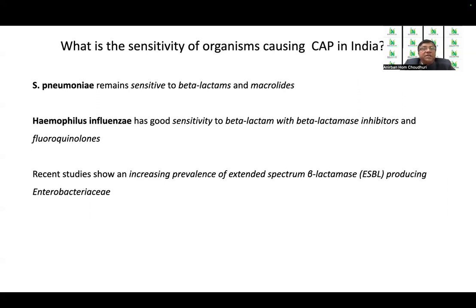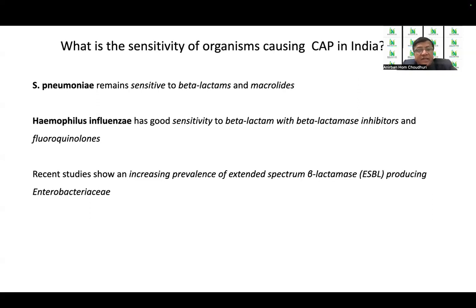So a beta-lactamase inhibitor is given alongside the beta-lactam so that the beta-lactamases produced by the microorganisms are unable to destroy the antibiotic. So Haemophilus influenzae has a good sensitivity to BL-BLI and fluoroquinolones.